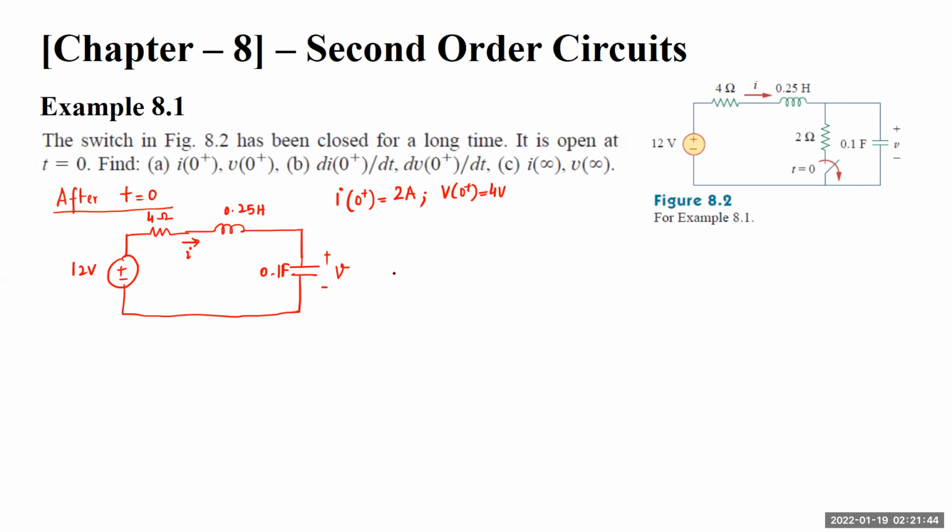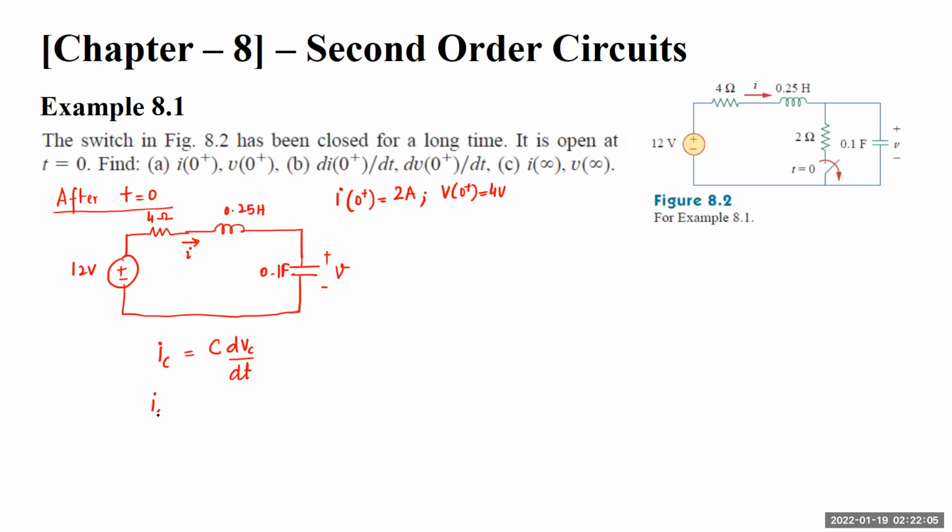So now we have to basically find out di/dt, the rate of change of current, and the rate of change of voltage. So remember the capacitor equation. The capacitor current IC equals C times dVC/dt.